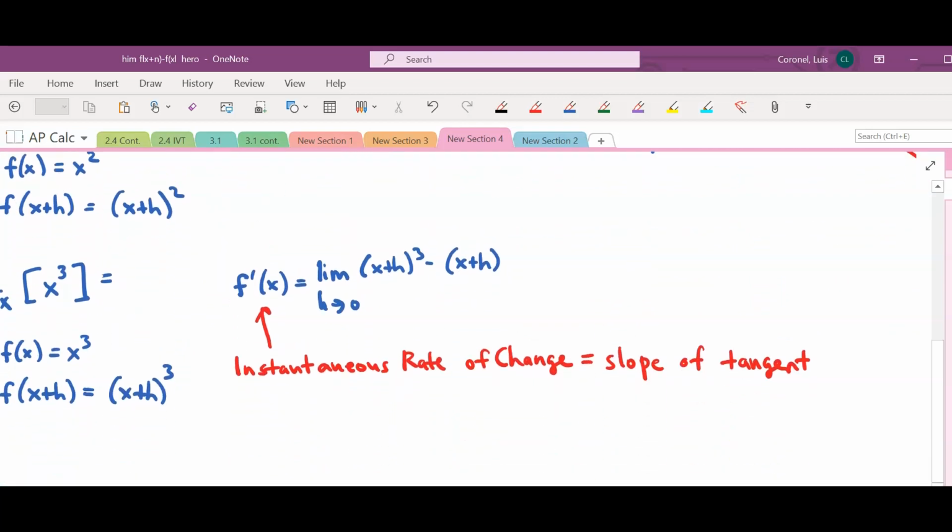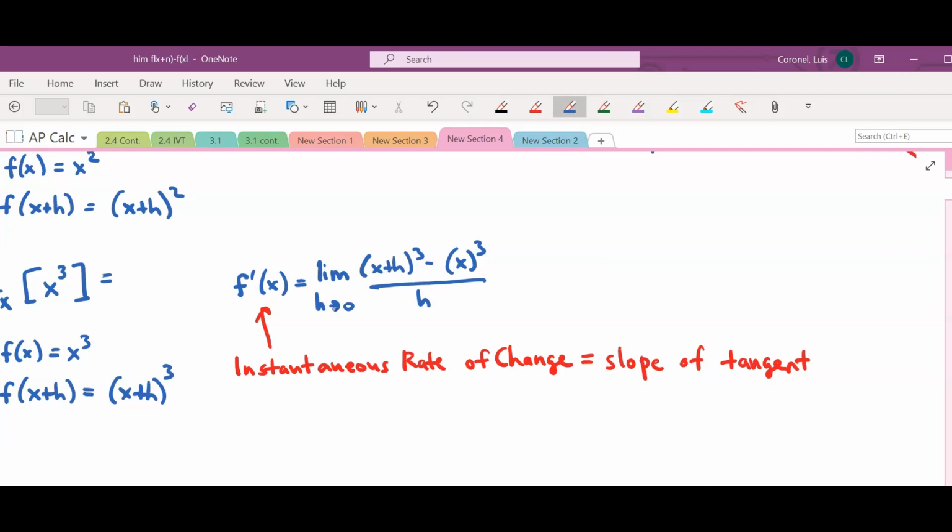F of x is x cubed. I'm not sure why I wrote x plus h. F of x is just x cubed all over h. Let me fix this h too. Don't want to be sloppy with my writing. H approaches 0.